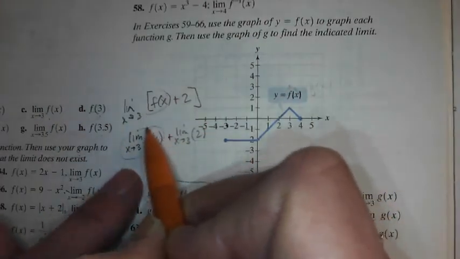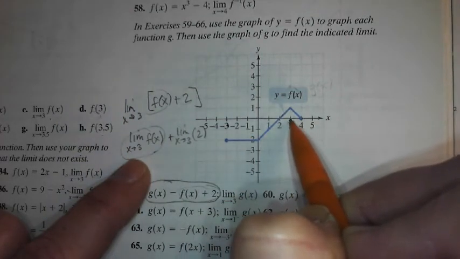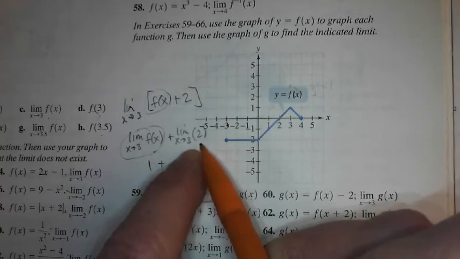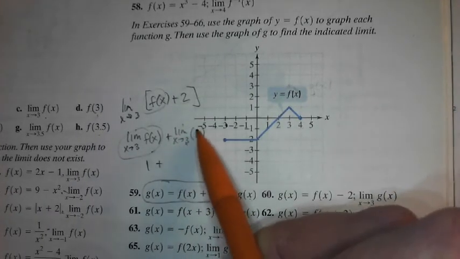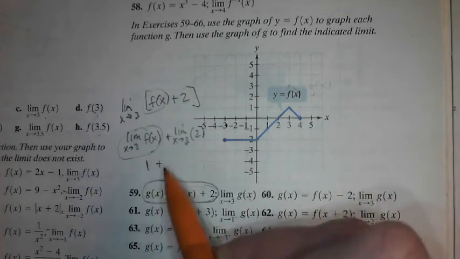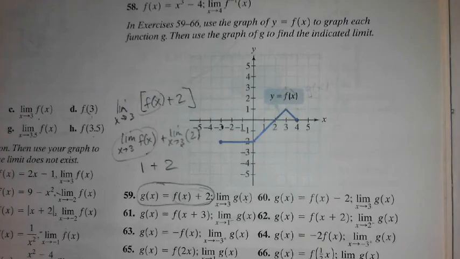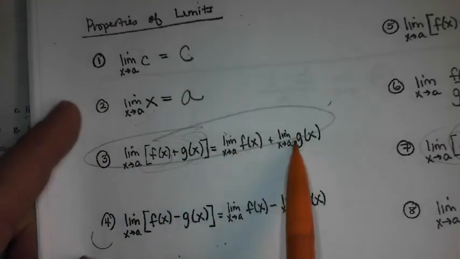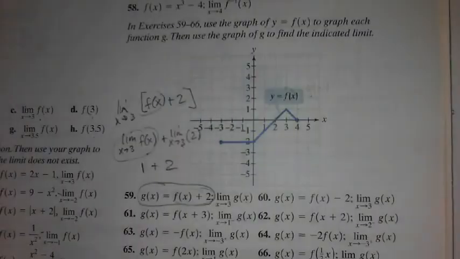And this is what Liam did, right? He looked at his f of x graph and found that the limit as you approach 3 is 1. Plus, and we should all know, the limit as you approach any number, who cares what it is, of a constant is the constant, 2. So it's a combination of using this property to split it up, and then within the second one we had to use that property, and then we also get 3.